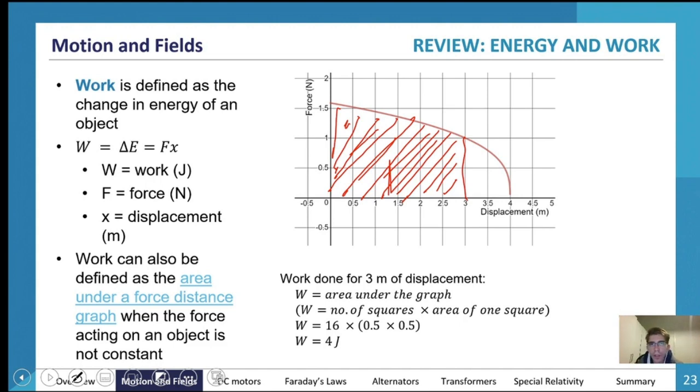Well, we count the number of squares in the shaded region, and we multiply it by the area of one square.